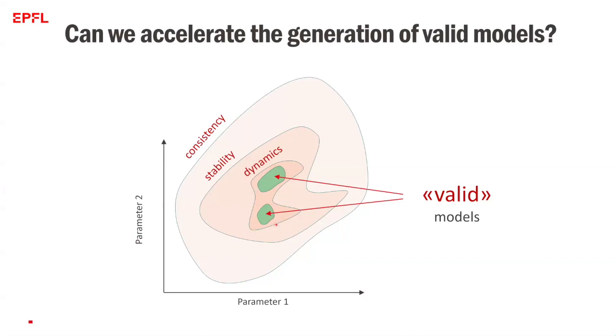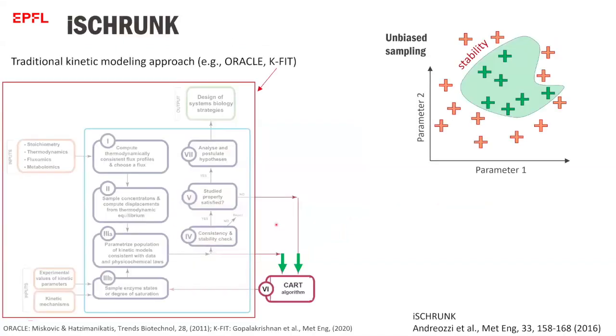But the idea there was that we take, in fact, traditional kinetic modeling approaches like what we developed, ORACLE, or Costas Maranas' group's K-FIT. You sample your space and collect information about the parameter values, and if these parameter values provide a certain property, in this case we were testing linear stability, we feed it to a CART algorithm.